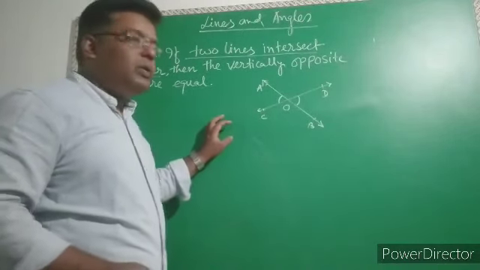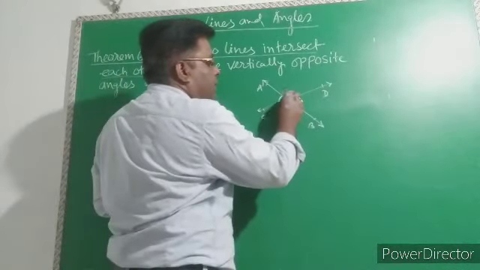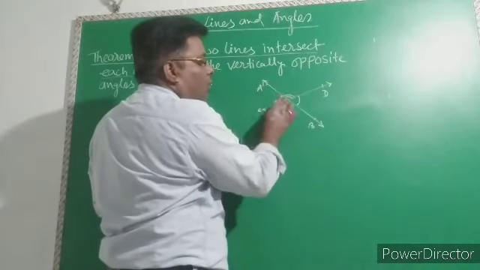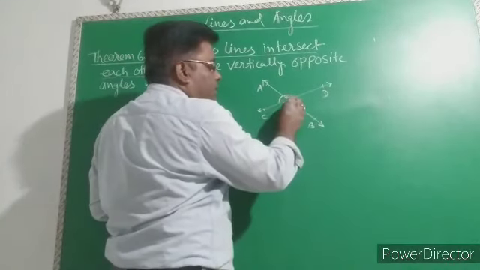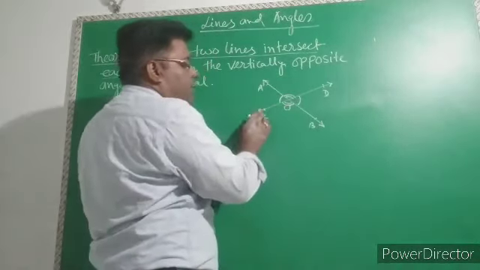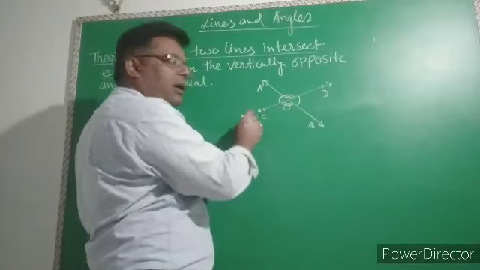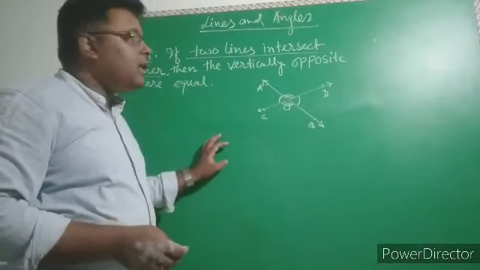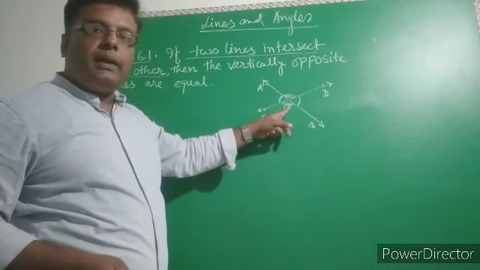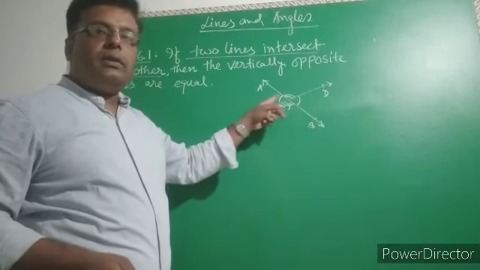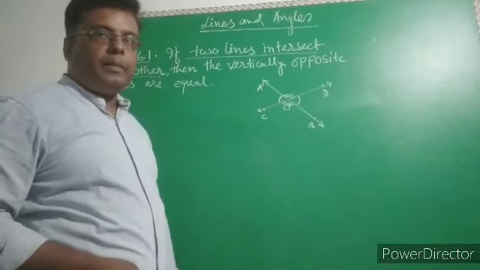Another pair of vertically opposite angles is angle AOD and its vertically opposite angle COB. COB or BOC is the same. So we have to show that this angle is equal to this angle, and this angle is equal to this angle.